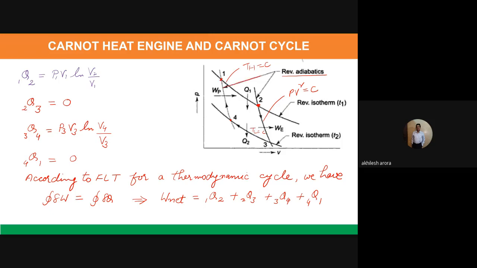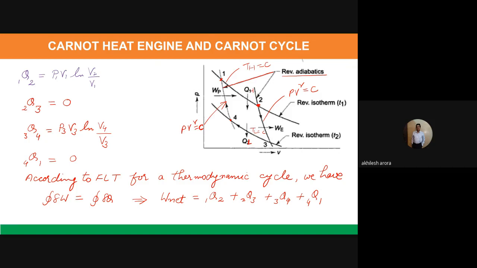It's shown here also. So during this process also PV raised to power gamma is equal to constant. So these are the various relationships, and the heat which is being transferred in the process 1 to 2 is QH, and the heat which is lost to the surrounding during the process 3 to 4 is QL.